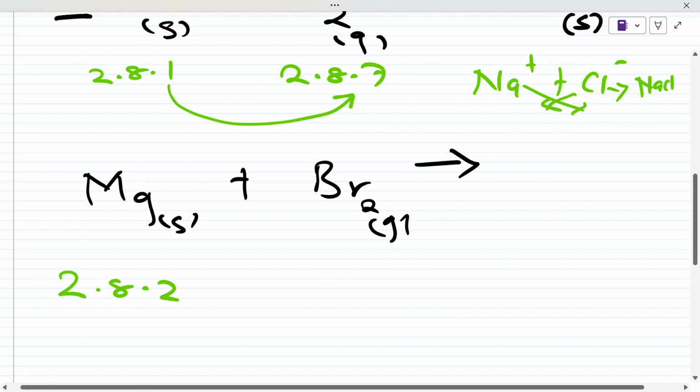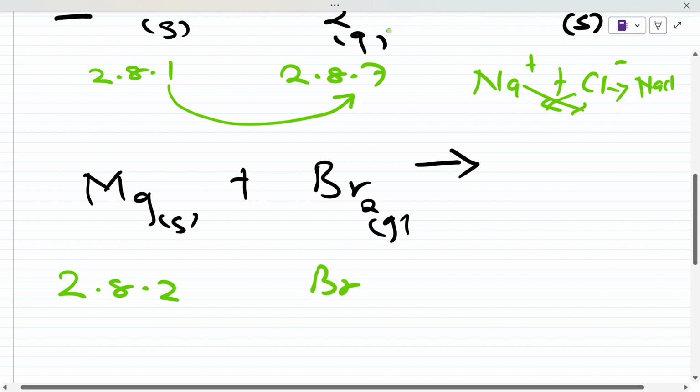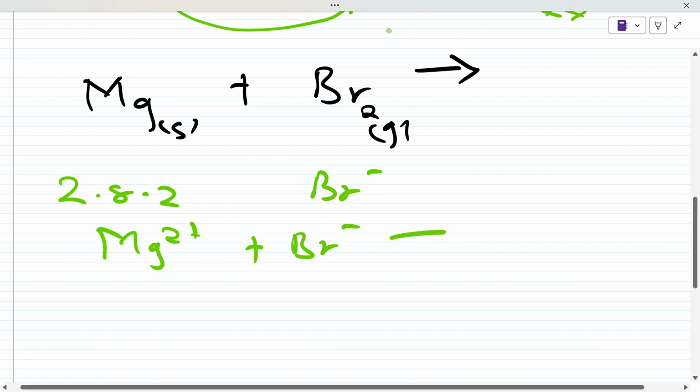Bromine is in group 7, so bromine is going to be Br with a minus. So magnesium is going to be Mg 2 plus and Br minus. When such a reaction occurs, they are going to interchange their valencies. Simple as that. Then we form MgBr2 at the end of the day.